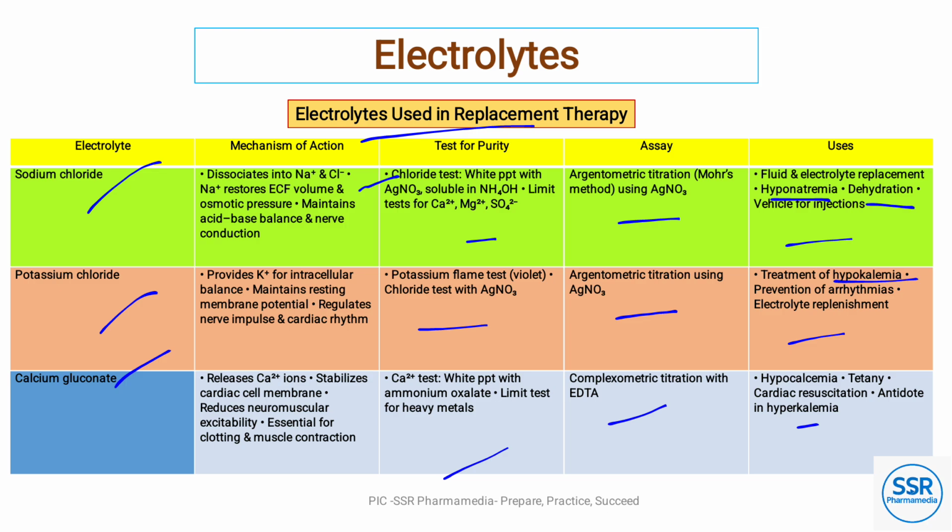Potassium is used in hypokalemia and electrolyte replacement, and to prevent atmiasis. And calcium is used in hypocalcemia, for the treatment of tetany and cardiac resuscitation, and as an antidote in hyperkalemia also.